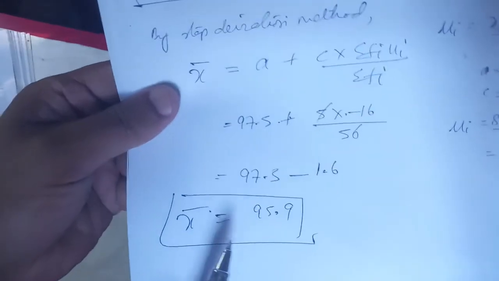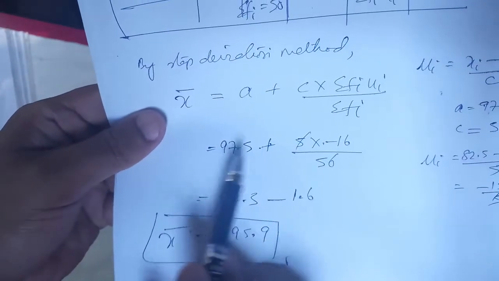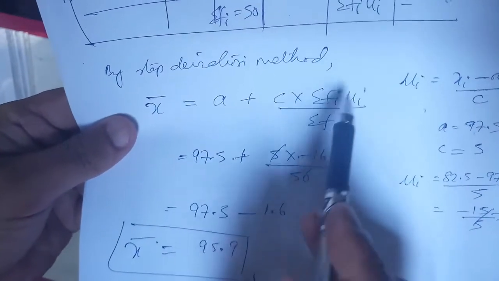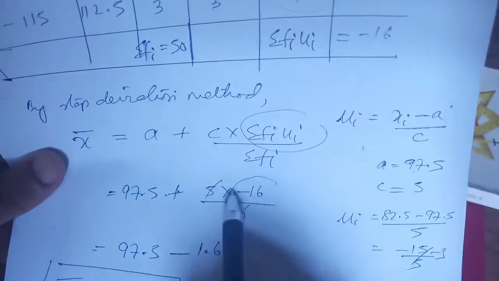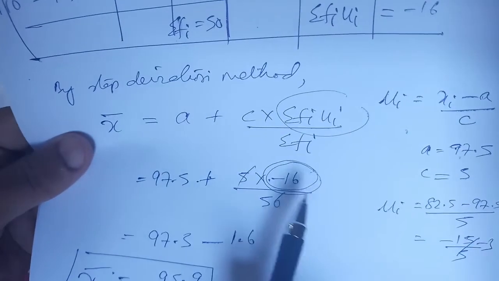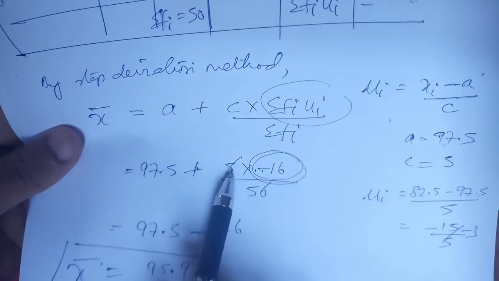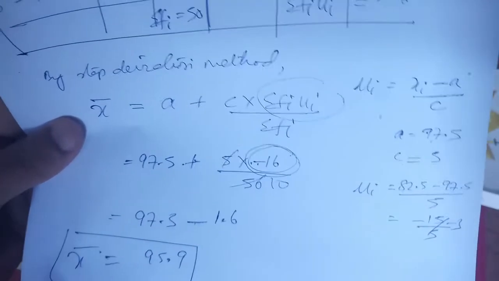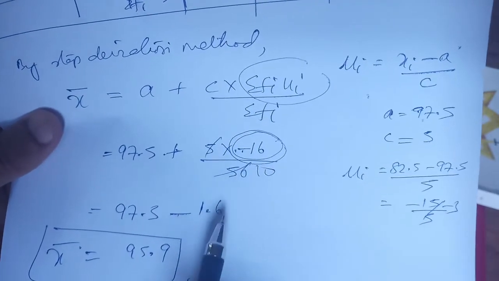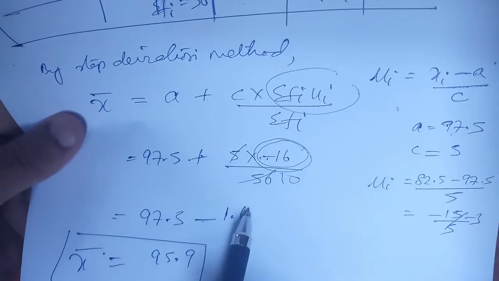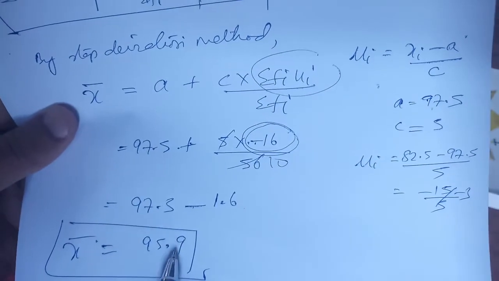Your summation fi ui is minus, so its minus is substituted here. So this minus and plus becomes minus. This 50, it will cancel by 10. Then when you divide 16 by 10, it will be 1.6. Then you subtract this, then you will get 95.9.